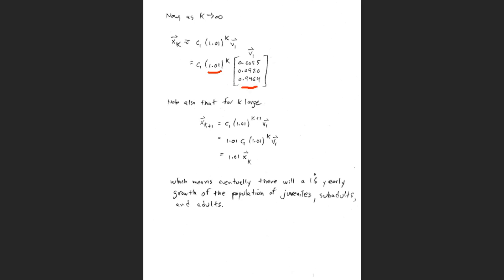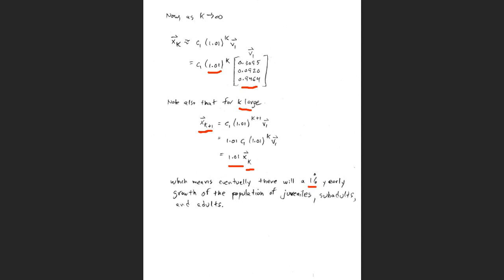For k large, the population of juveniles, subadults, and adult owls in the k plus first year would be 1.01 times the populations in the kth year.